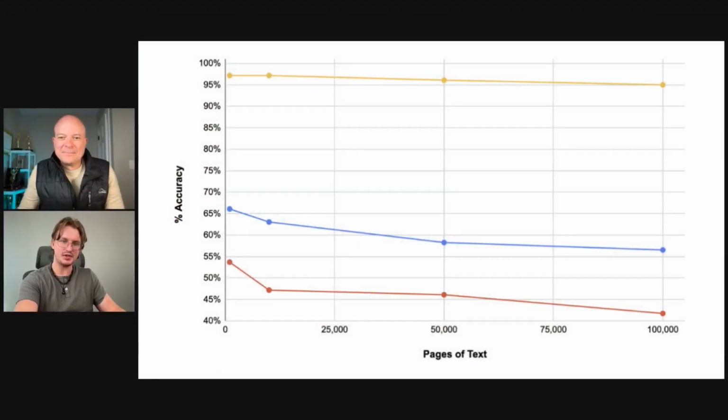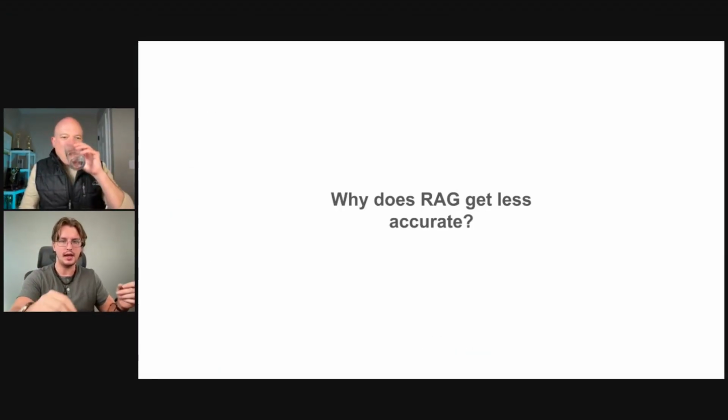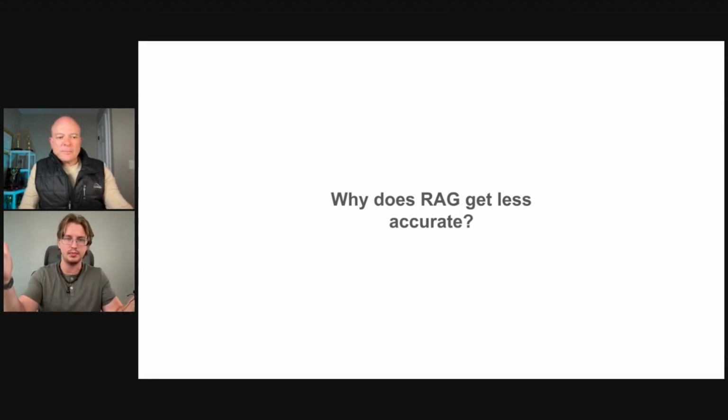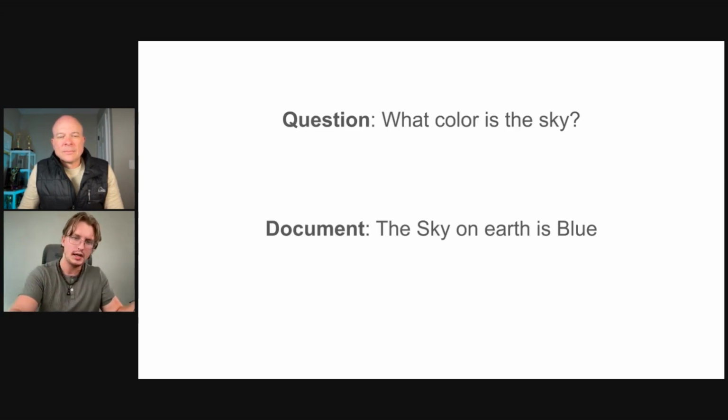Yes. So we have this degradation in performance across these systems. But a natural question might be, why does RAG get less accurate? And we kind of covered it, but I think we can dig in a little more. So, you have a question, what color is the sky? And then you might have a document that says the sky on Earth is blue, right?